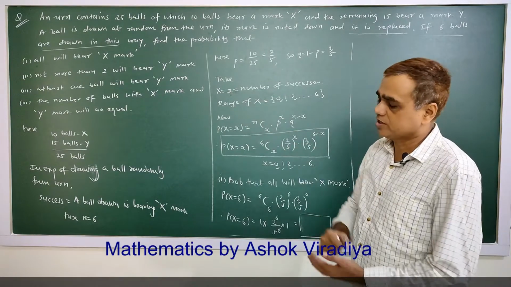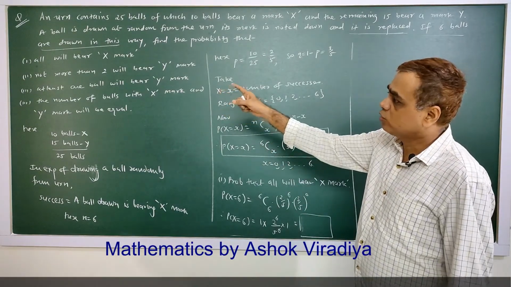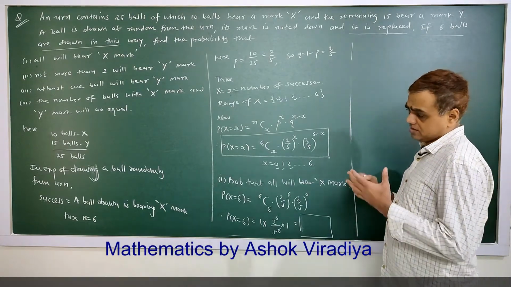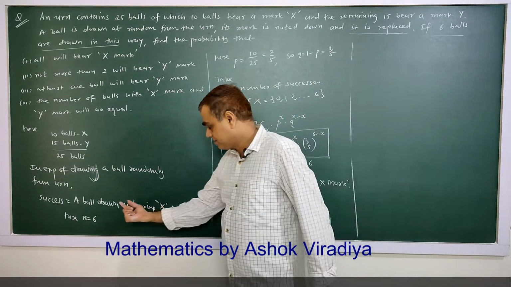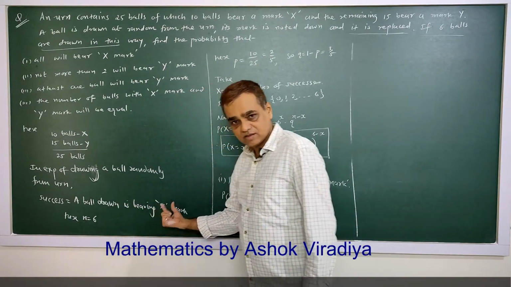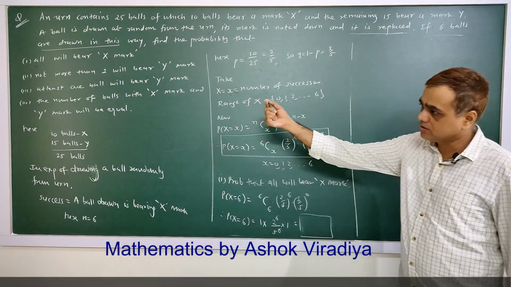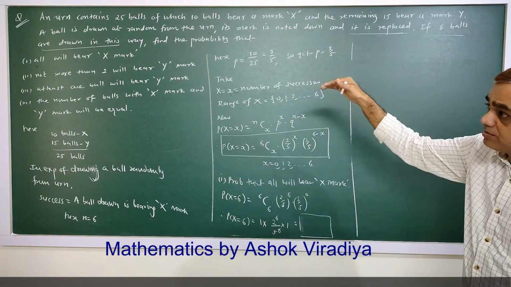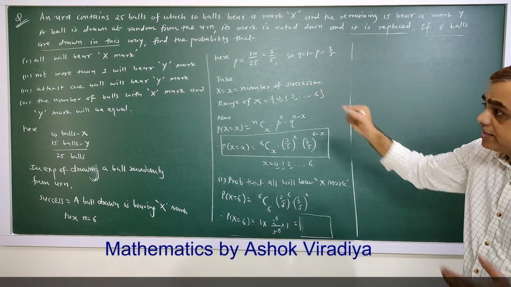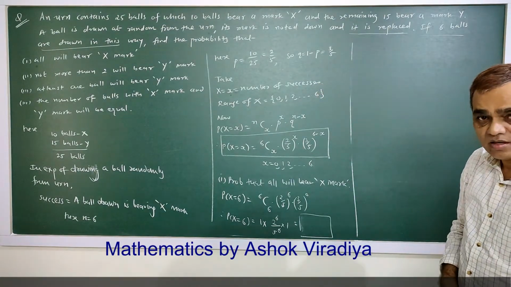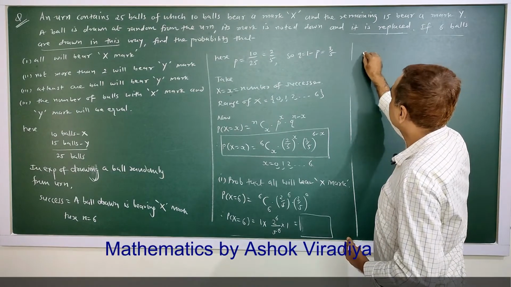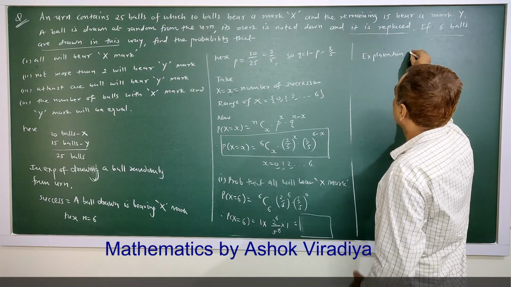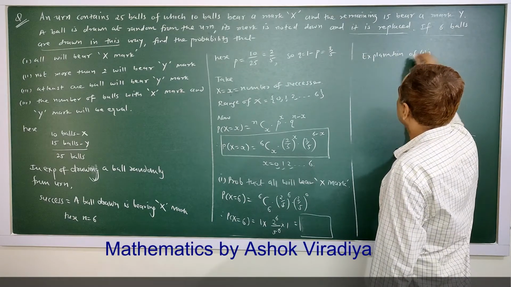Now see the second question. Not more than 2 will bear Y mark. Success we have defined by X mark, and the question is about Y mark. So we have to convert this statement, which is in terms of Y, into X mark. So see here, showing explanation to understand the second statement.